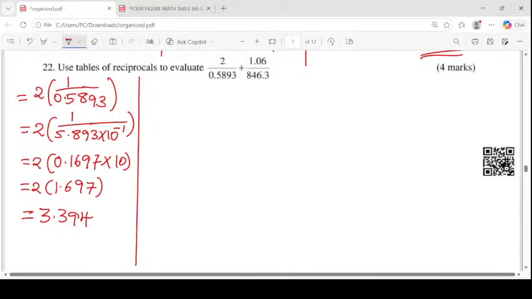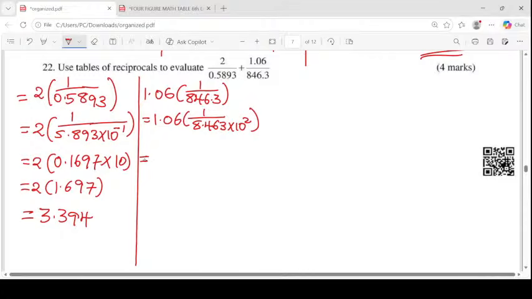Let us also solve the other part. The 1.06 all over 846.3 can be written as 1.06 into 1 all over 846.3. So this will become 1.06 into 1 all over, this in standard form will become 8.463 times 10 squared.